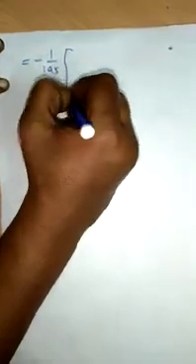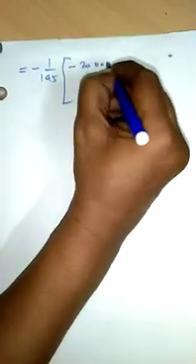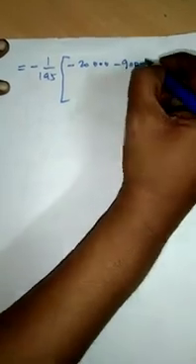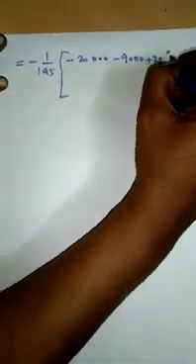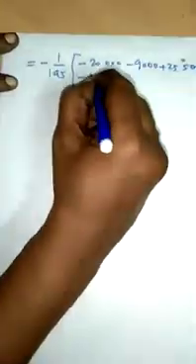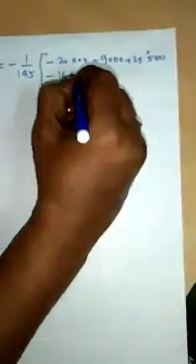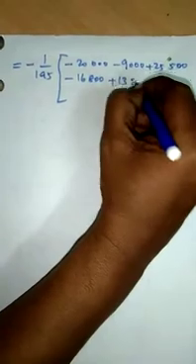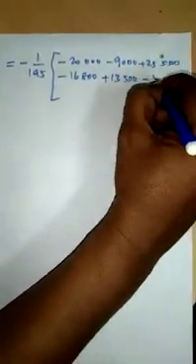Multiplying, we get minus 20,000, minus 9,000, plus 25,500, minus 16,800, plus 13,500, minus 5,100, 96,000, minus 27,000, minus 89,250.